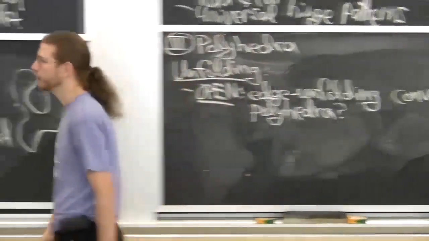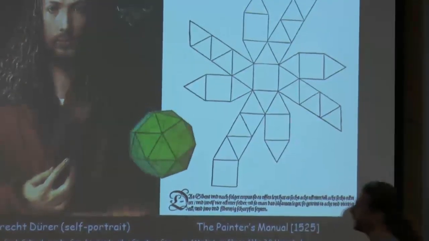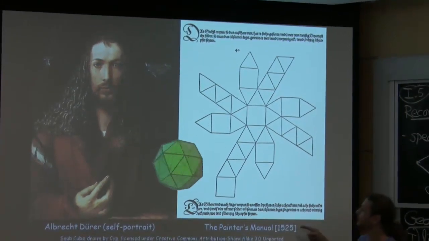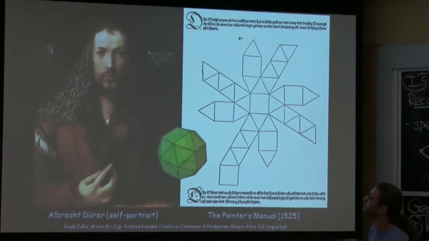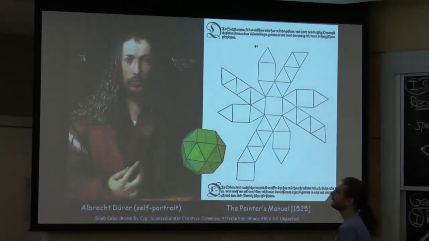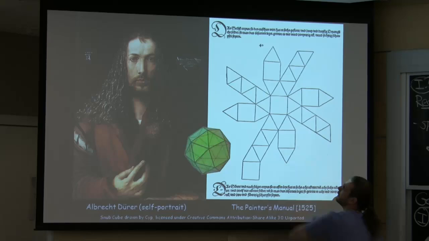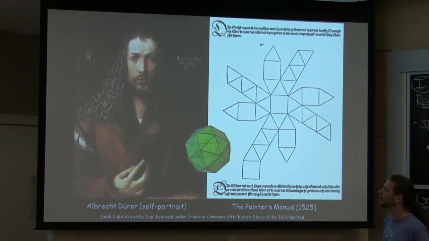We don't know. This problem goes back to Albrecht Dürer. This guy on the left, this is his self-portrait. In 1525, he wrote this book called The Painter's Manual in German, and he tried this out for a whole bunch of polyhedra. This is the so-called snub cube, unfolded in his book. And he has page after page of these unfoldings. They're all edge unfoldings.